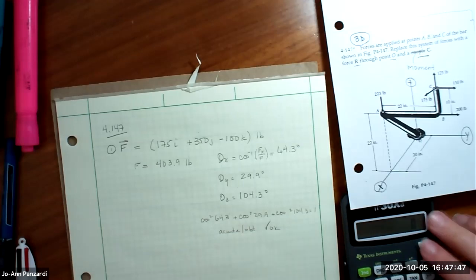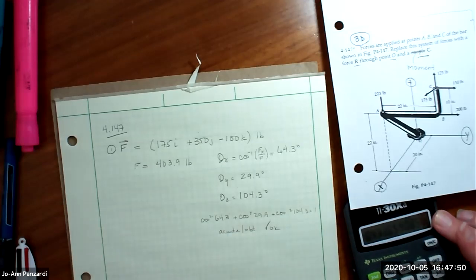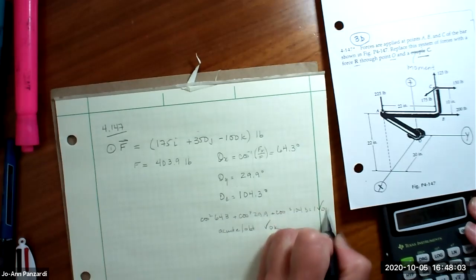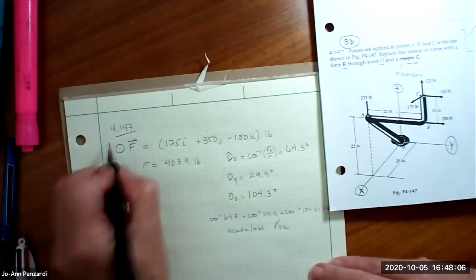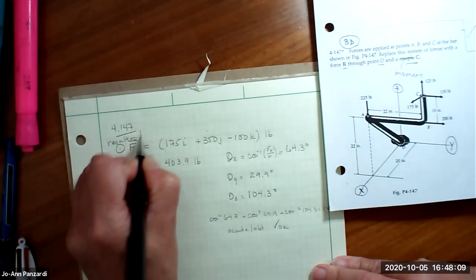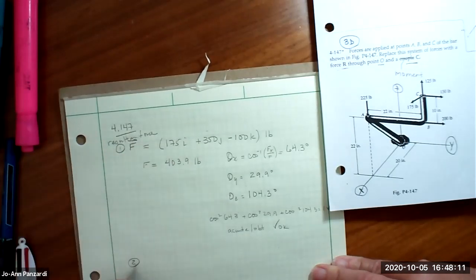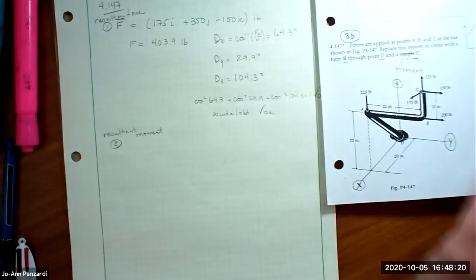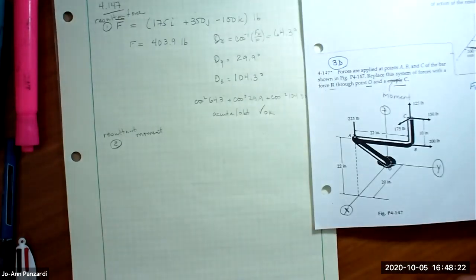Yep, it comes out to be 1. Great. So the first step is to find the resultant force. Next step is to find the resultant moment. Okay, ready. So looking at the picture, you want to do vectors or right-hand rule? Right-hand rule. So I'm going to make a table.